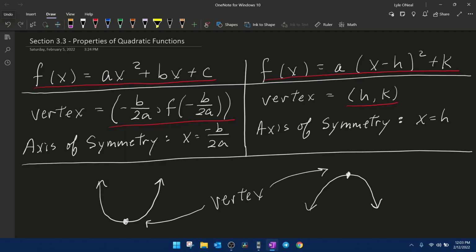Next, for the axis of symmetry, again, notice if you're in standard form, the value that x equals is the same as the x-coordinate of the vertex. And I can't stress enough how important it is that you include the x equals in the axis of symmetry.